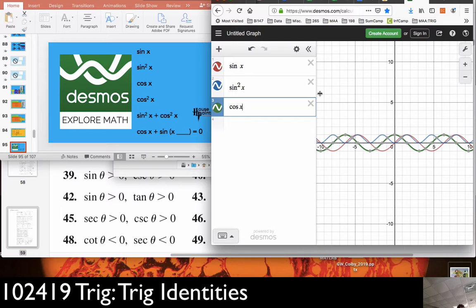What exactly? How would you describe them starting at? They have the same amplitude. What about the wavelength? It's the same.